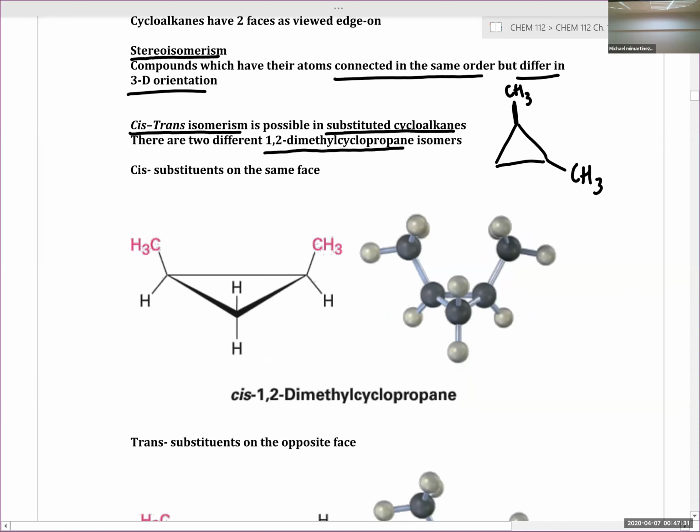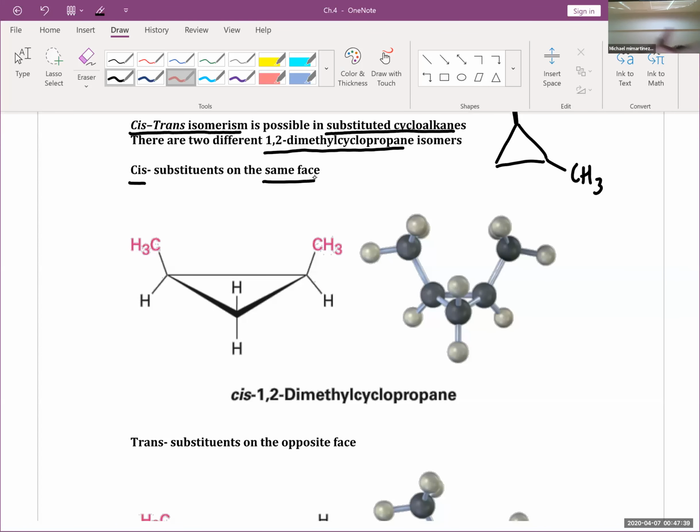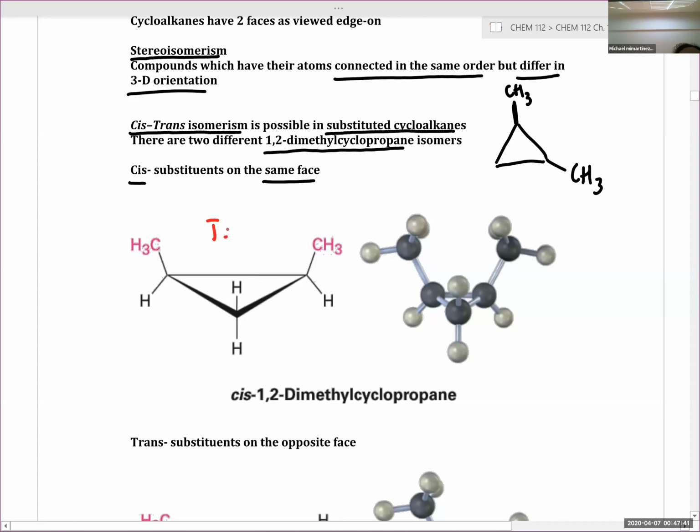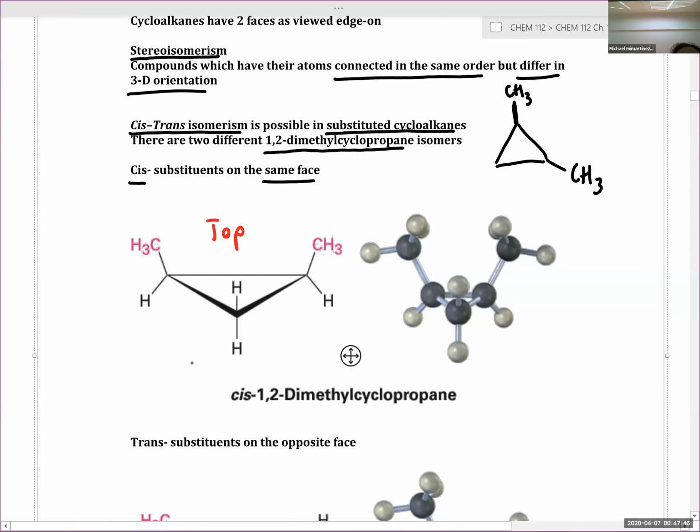So the first isomer that we're going to look at is the cis isomer, where the substituents are on the same face of our cyclopropane ring in this case. So you can clearly see from edge on, there's a top face and a bottom face of our cyclopropane ring.